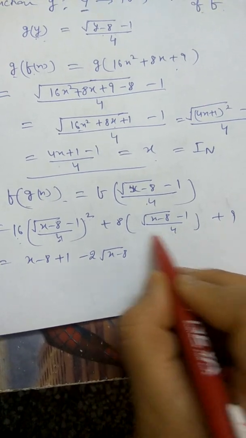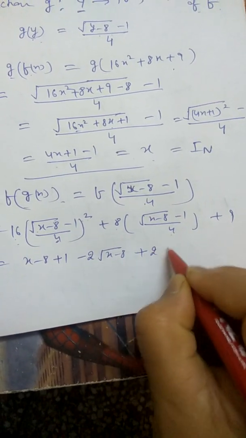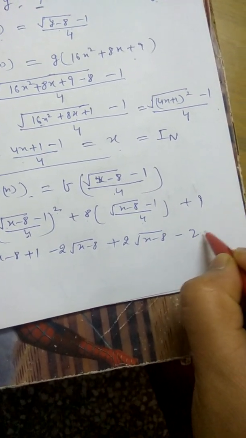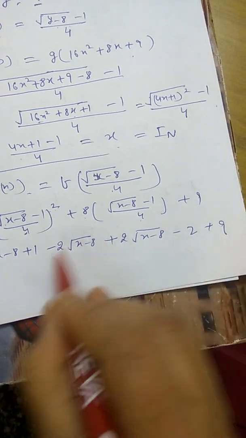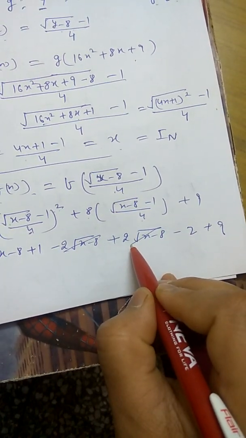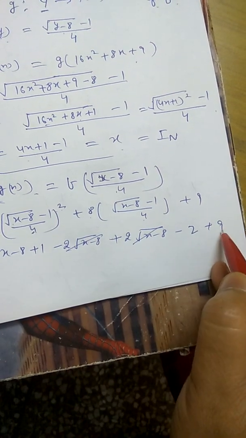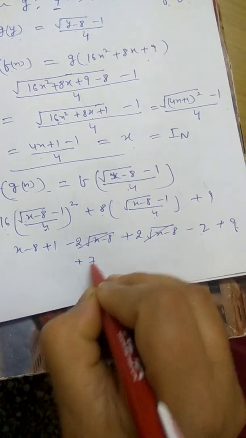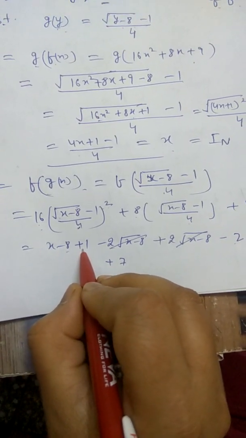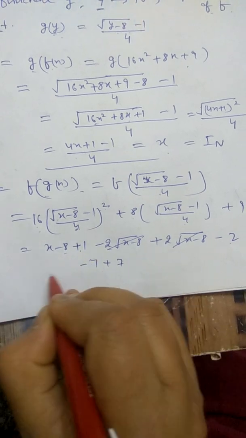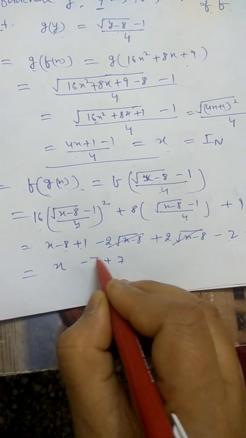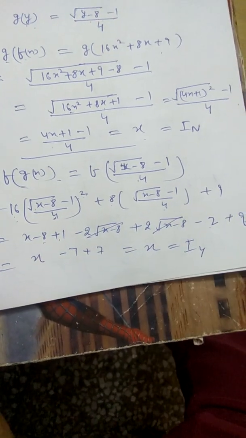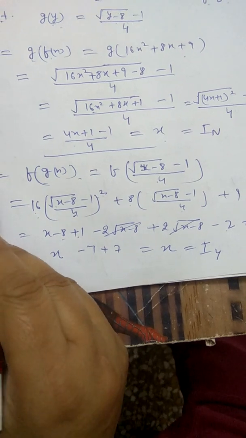And now here 4 and 8 will be cancelled. You will get 2 root of x minus 8 minus 2 plus 9. And now this term will be cancelled again. Here you will get 9 minus 2 plus 7 minus 8 plus 1 minus 7 and x. This will be cancelled. You will get x, that is equal to I_Y, because here x belongs to capital Y.